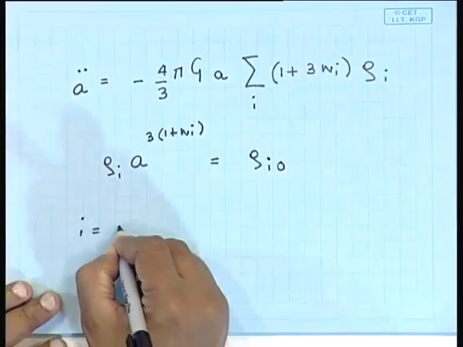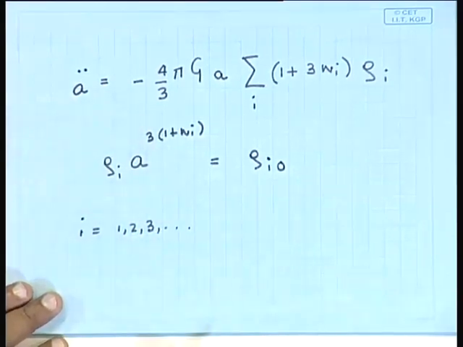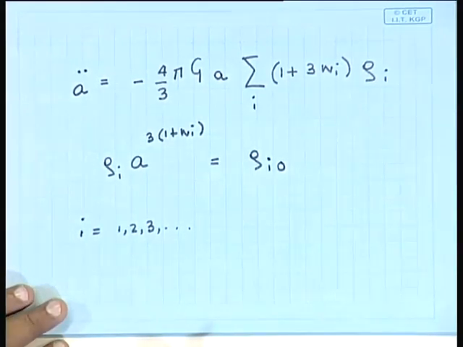So, we could have different components I equal to 1, 2, 3 depending on the cosmological model you want to build up. And we would like to now solve this.